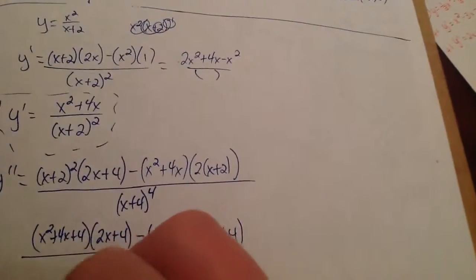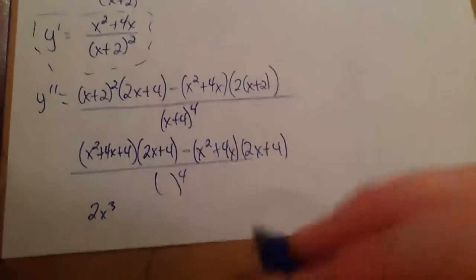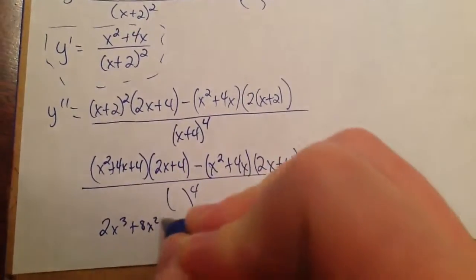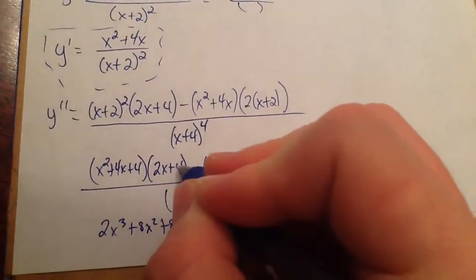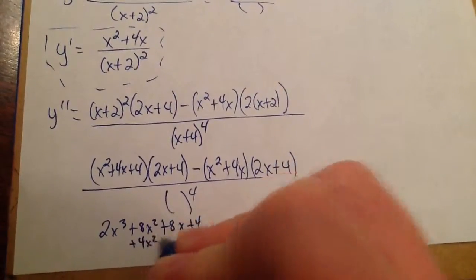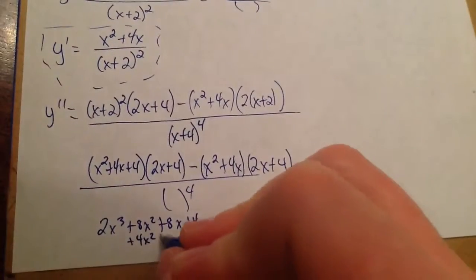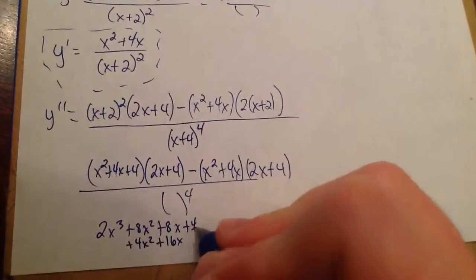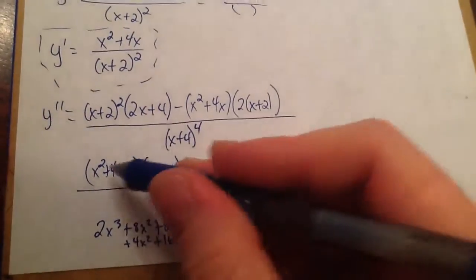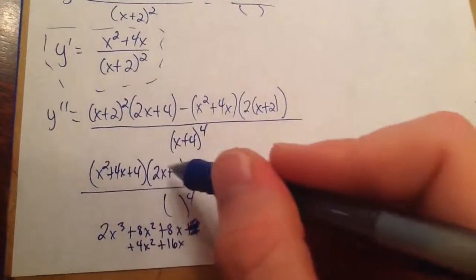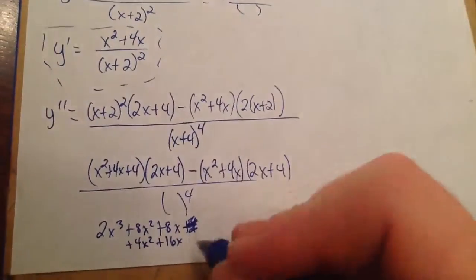It'll be 2x to the third plus 8x squared plus 8x plus 4x squared. I like to write it down here. Plus 16x. But then I confuse myself with that. Yeah, plus 4x squared plus 16x plus 16.